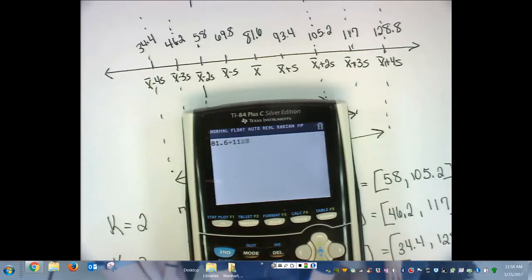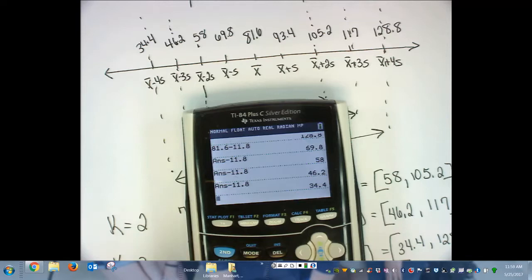81.6 plus 11.8 is one standard deviation above, plus 11.8, two standard deviations above, plus 11.8, three standard deviations above, plus 11.8 is 128.8. You can go in the other direction: 81.6 minus 11.8, there's one standard deviation below, minus 11.8, two standard deviations below, minus 11.8, three standard deviations below, and minus 11.8, four standard deviations below.